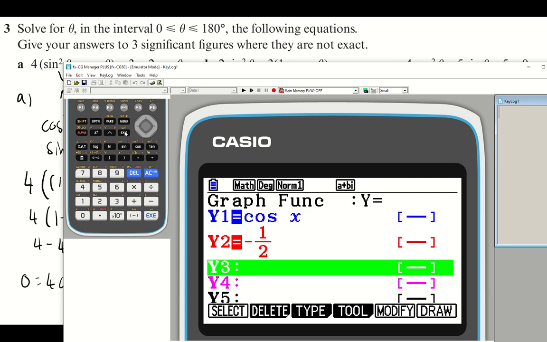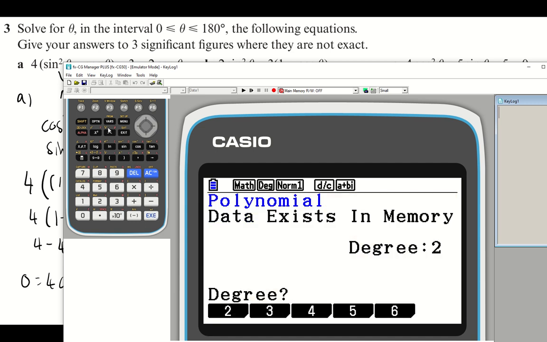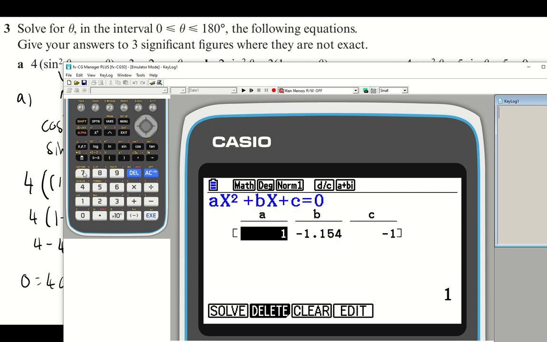So if I go on to my equation mode, polynomial is your x to power plus x to power plus x to power, where the powers are whole numbers. Degree is the highest power of x we've got, or cos, so we've got a 2. So we've got 4 cos squareds plus 2 coses minus 1 on the end.